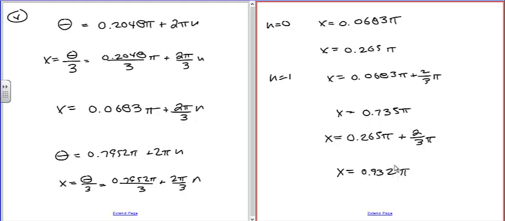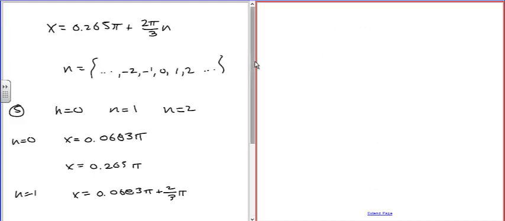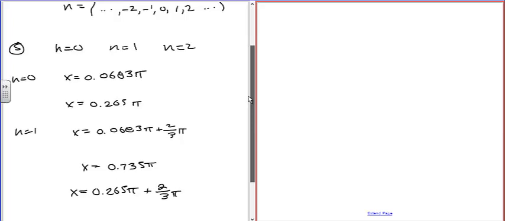So that's my next two solutions. And then I do n equals 2. So what I'll get is x is equal to 0.0683 plus 4/3 pi.